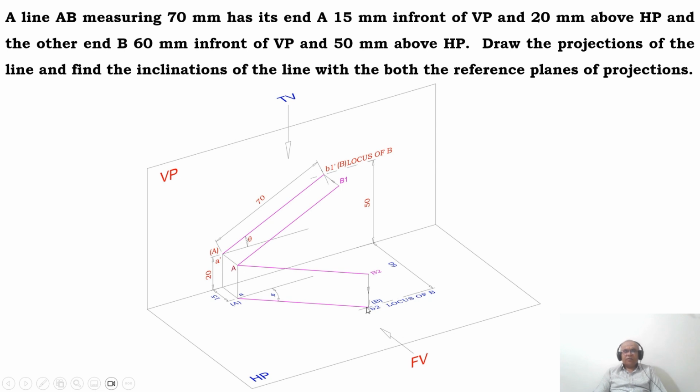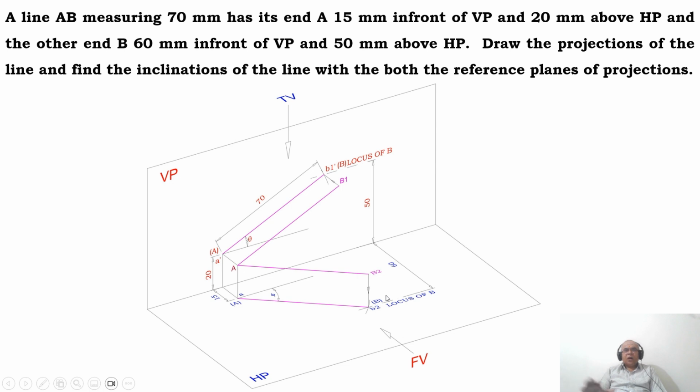So that is the meaning of the locus of B. Now what we have done, we have identified the true length of the endpoint B in the front view as well as in the top view. This is known.